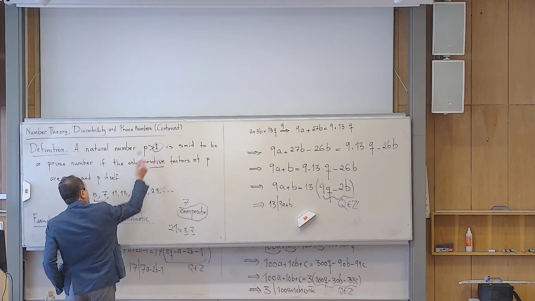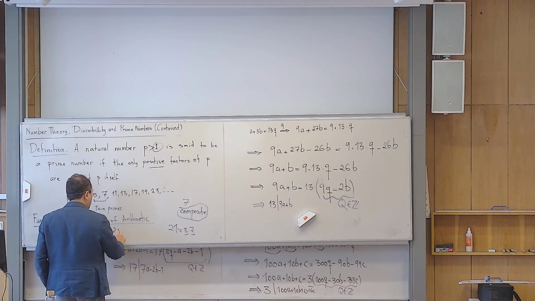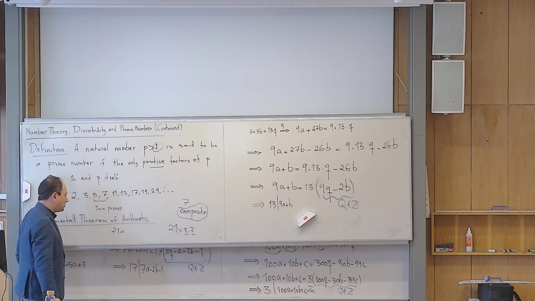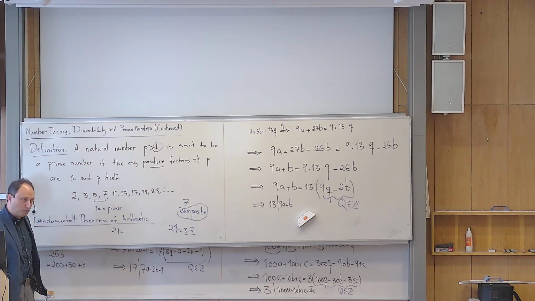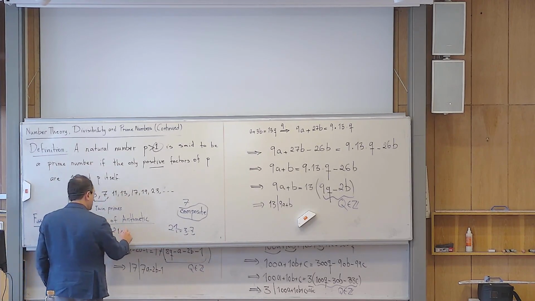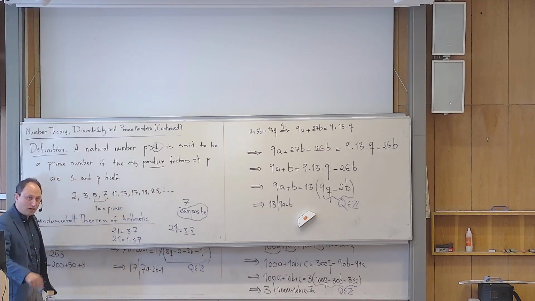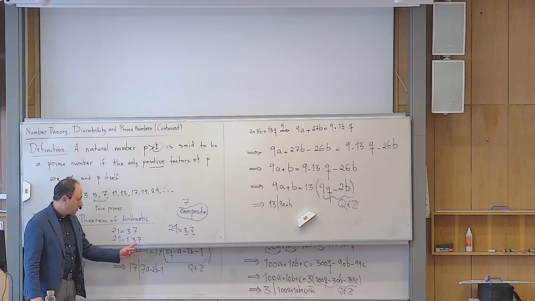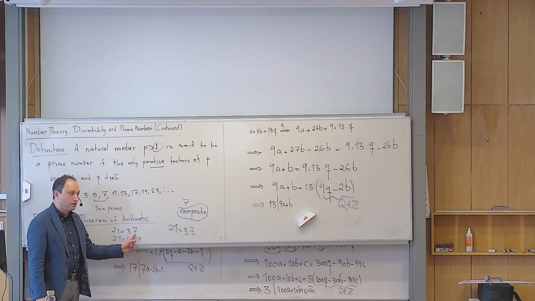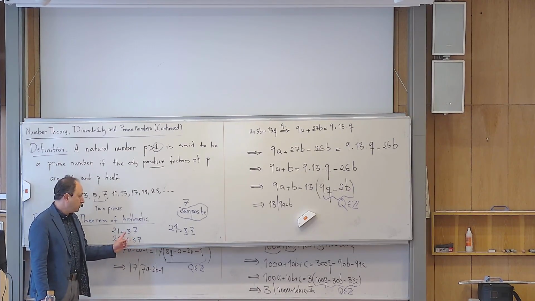Let us assume that 1 is also a prime number, and I ask you in the exam to write 21 as a product of prime numbers. Your friend might write one thing, and you might write another. If 1 is a prime number, this is a product of prime numbers, and that is also a product of prime numbers, both equal to 21. So then I have to admit that this is correct, and this is also correct.